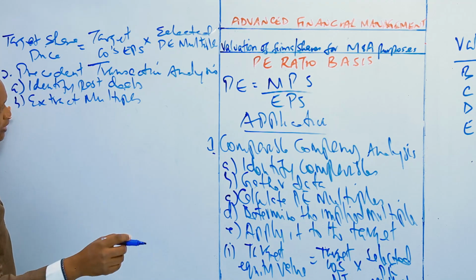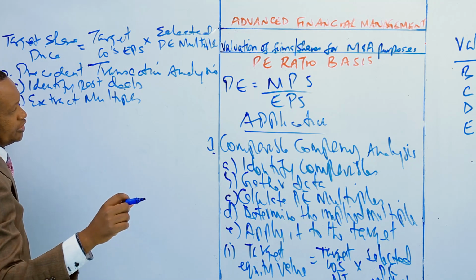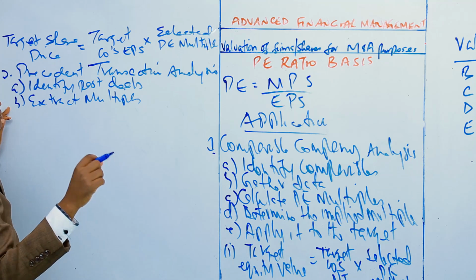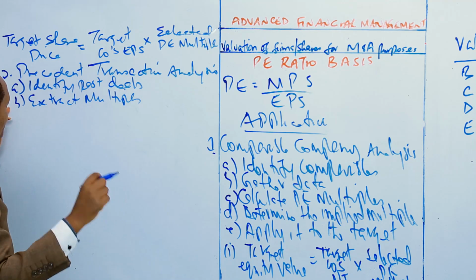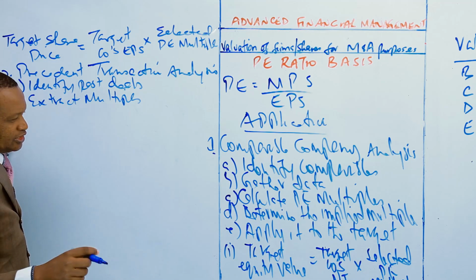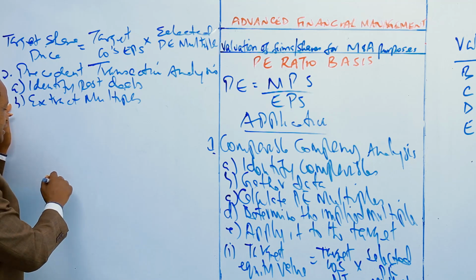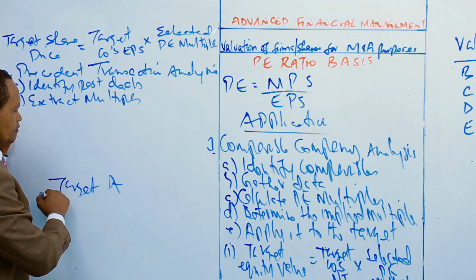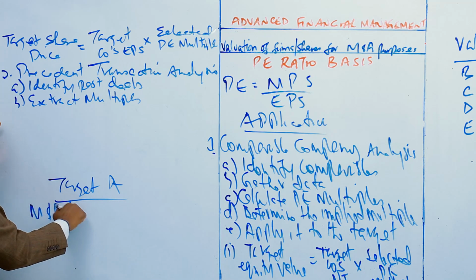So candidates, we are assuming here one wants to apply PE ratio under the precedent transaction analysis approach. Step number one, identify past deals. You want to value target A. Identify previous M&A deals.